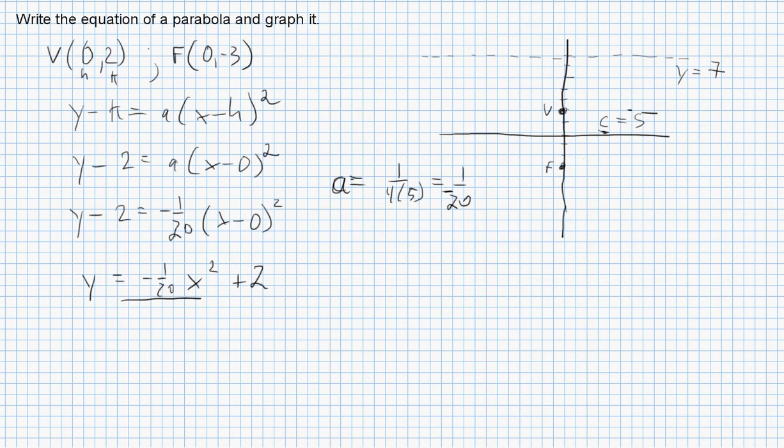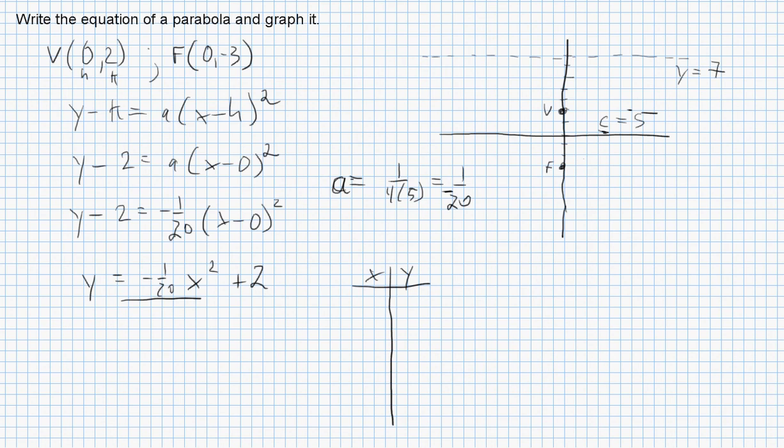Now to graph it, we're going to find a couple of convenient points, and we'll record this in a t-table. There's the x and there's the y. In order to make a t-table, we're going to pick a couple of convenient points around the vertex and then reflect them using symmetry to find two other points on the other side.